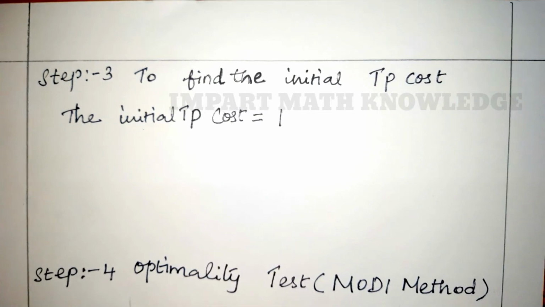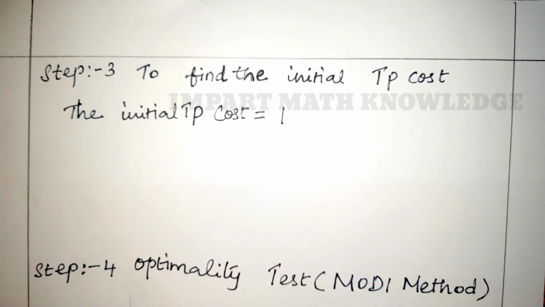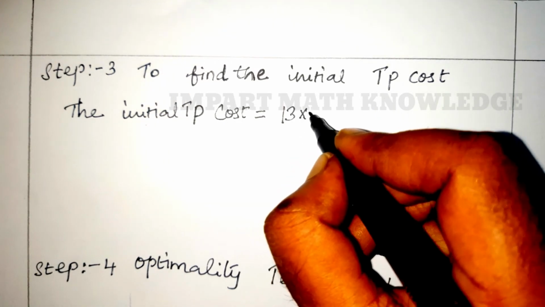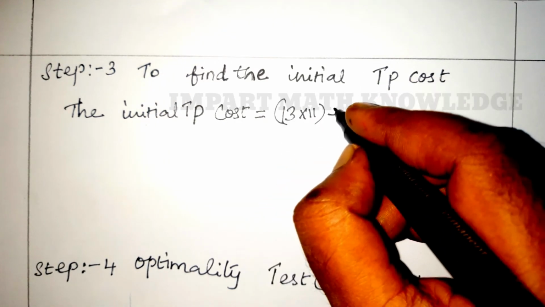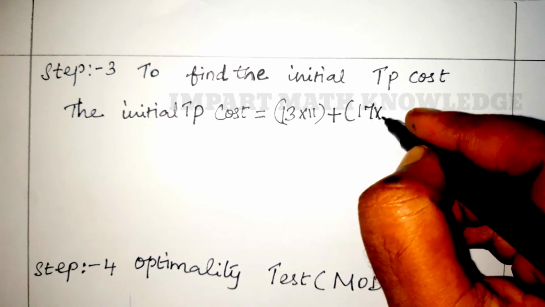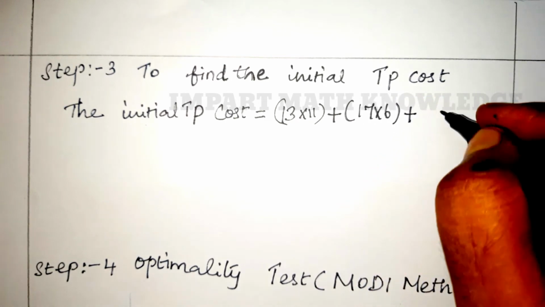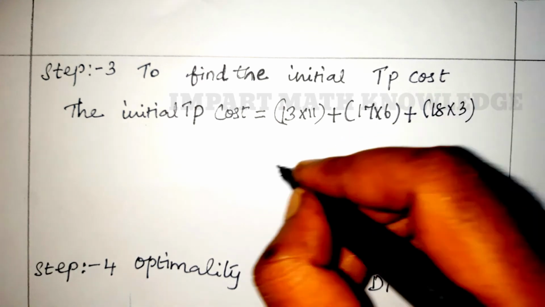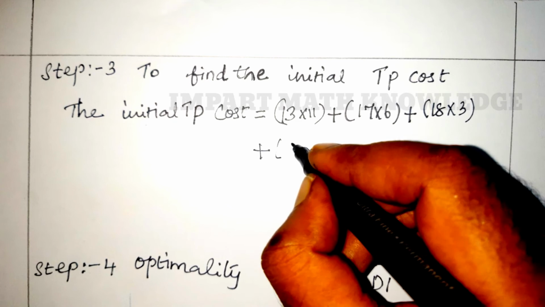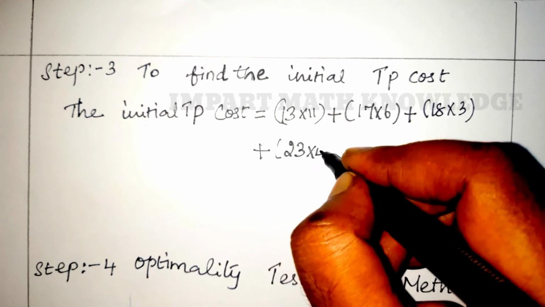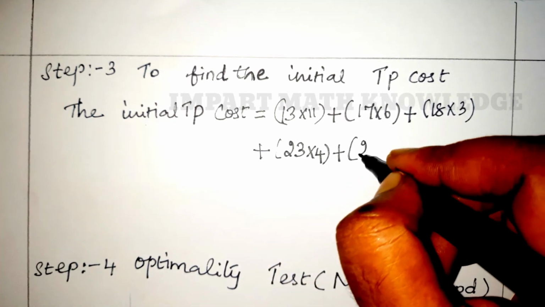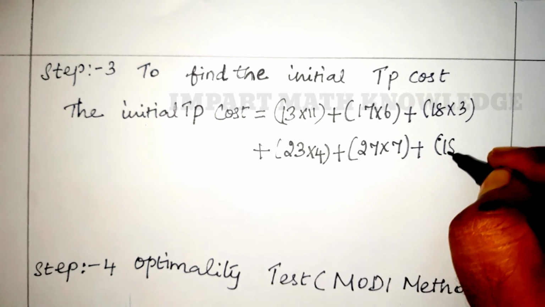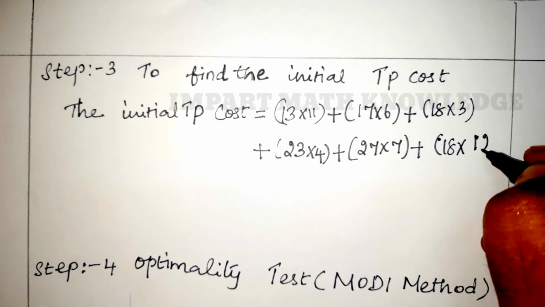Next step, we have to find the initial TP cost. That is 13 into 11 plus 17 into 6 plus 18 into 3 plus 23 into 4 plus 27 into 7 plus 18 into 12.